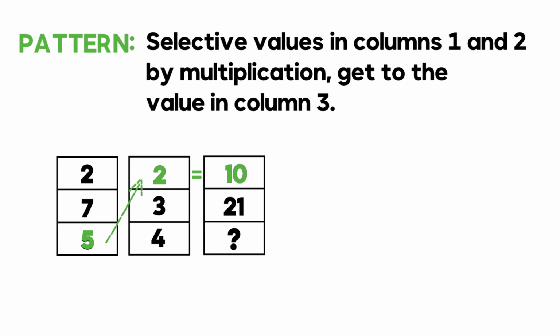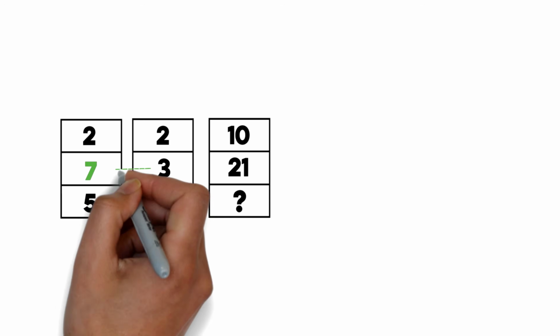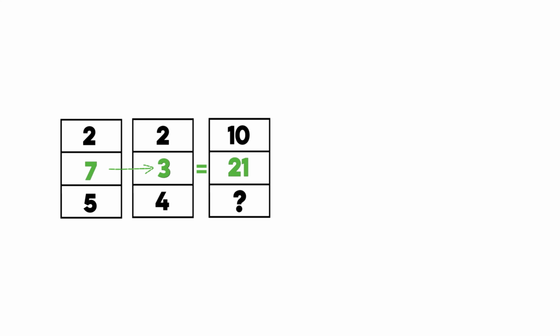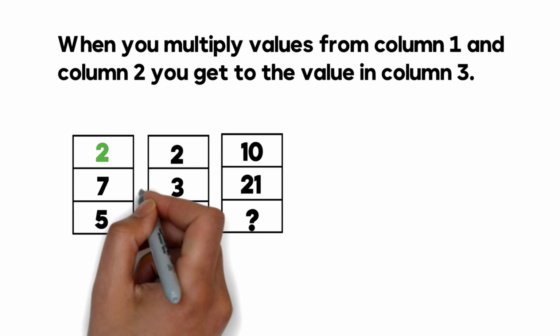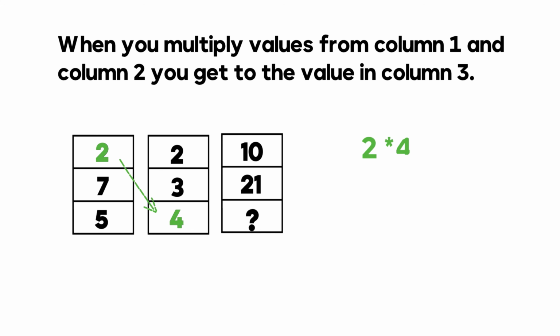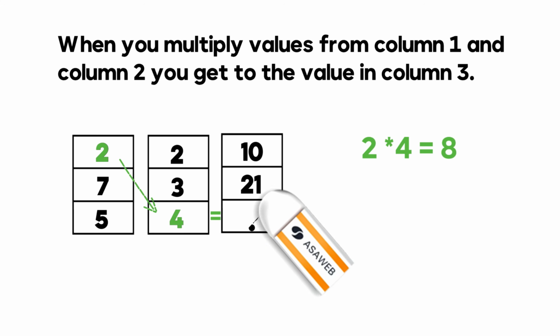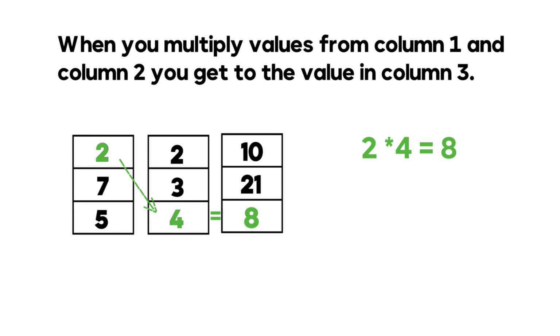If we multiply 5 by 2, we get the value of 10. The second set of values is represented by the middle row. 7 multiplied by 3 equals 21. So the missing value can be calculated by multiplying 2 by 4, and the end result would be equal to 8. So the correct answer to this problem is choice A, 8.